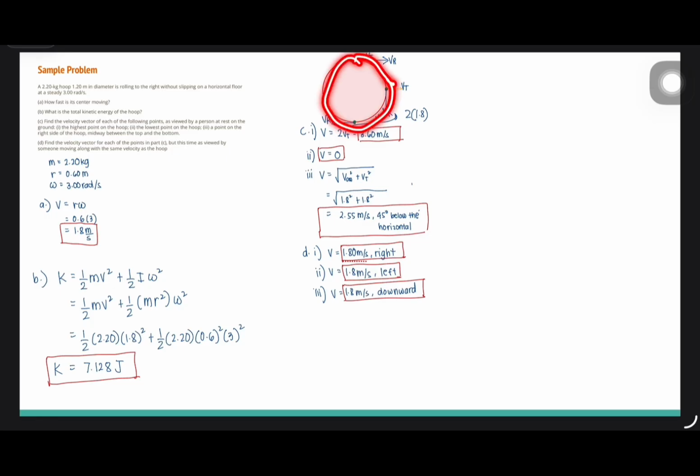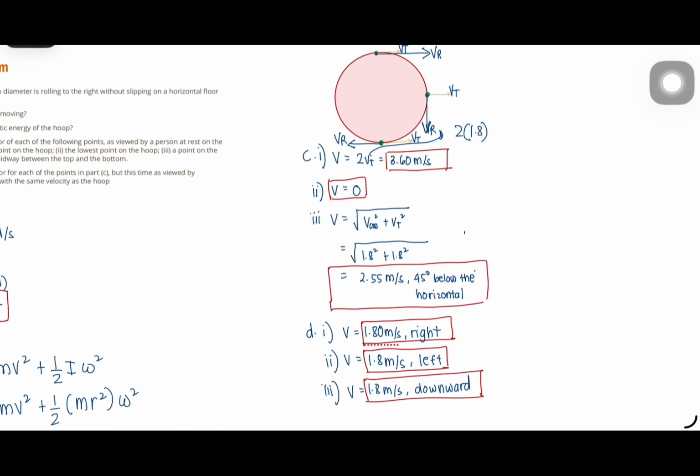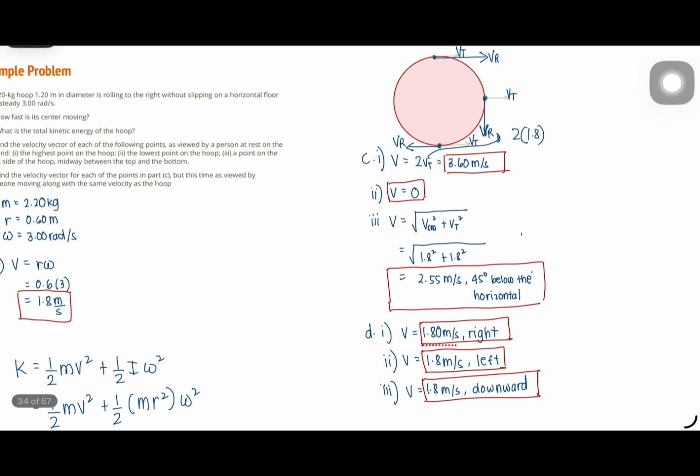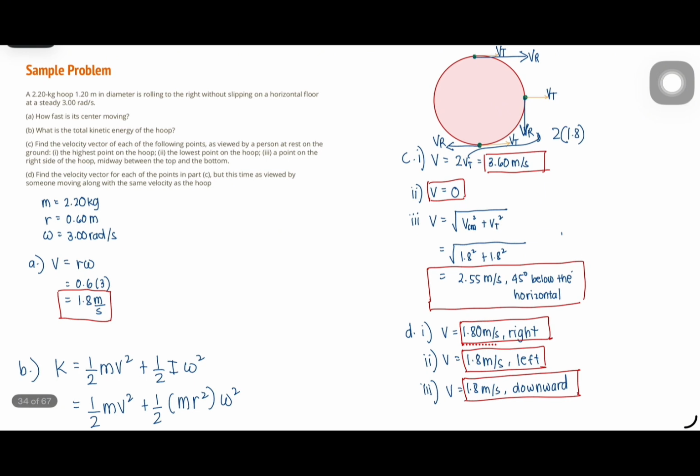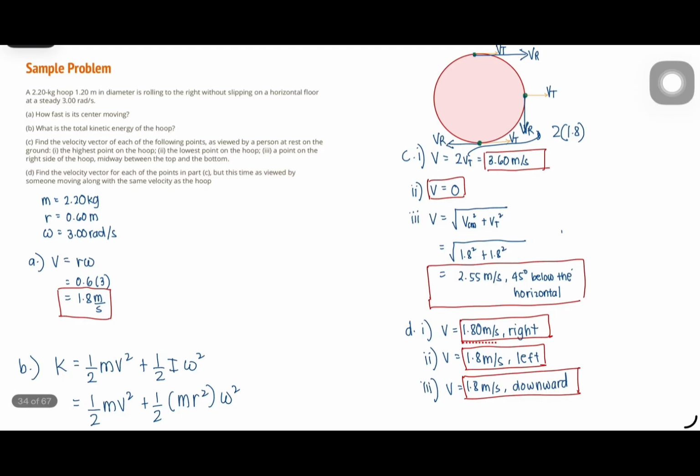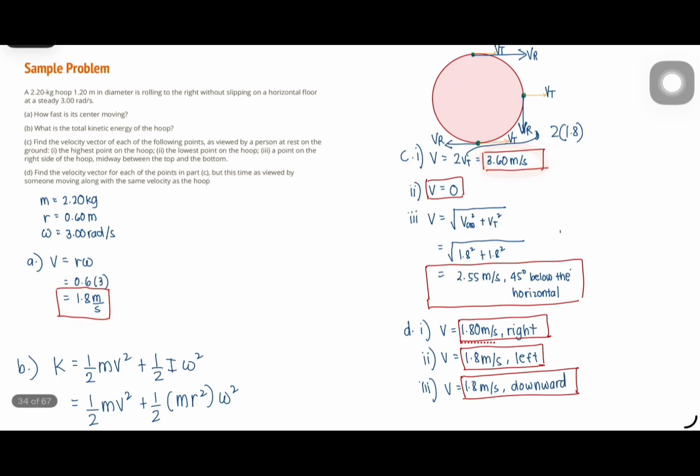Yung translational at saka rotational. Kaya to solve for part 1, yung highest point, ang kailangan lang natin is makuha yung combined velocity ng translational at saka rotational, which is twice nung velocity. Kaya yung na-solve natin dito is 3.60 meter per second.